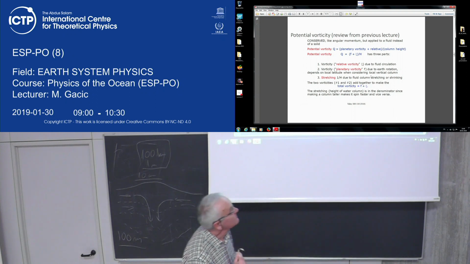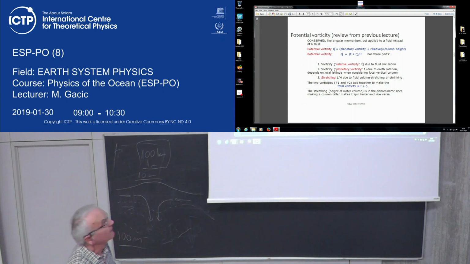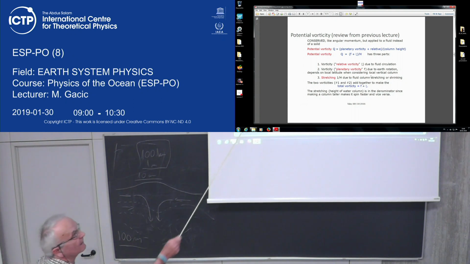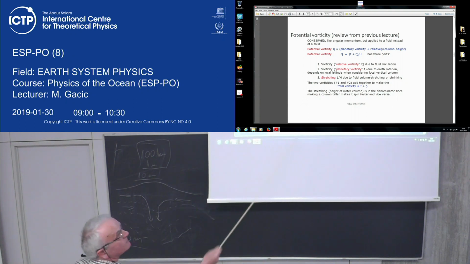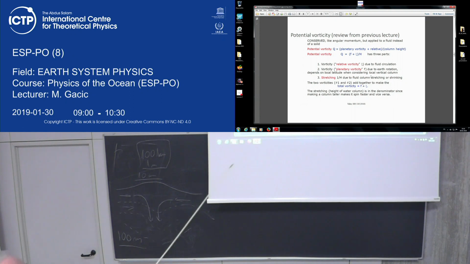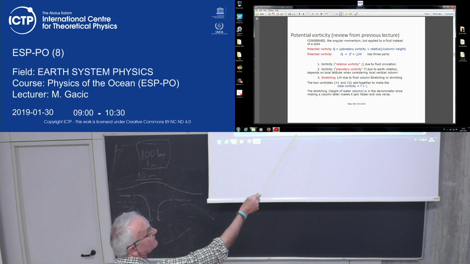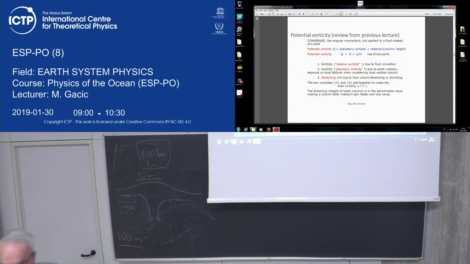This is just to give you the potential vorticity review from the previous lecture. Potential vorticity is planetary plus relative vorticity divided by column height. This is the concept that we have seen before in a Kelvin wave type of solution, where we have only the relative vorticity divided by h, the height of the water column.